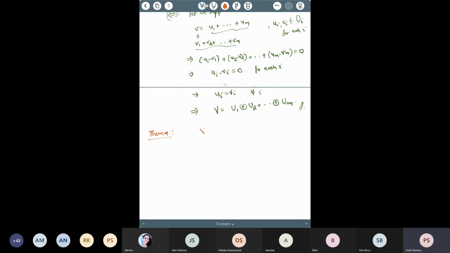So let V be a vector space, and suppose that we have two subspaces U and W of V. Then V is the direct sum of U and W if and only if V is the sum of U and W and the intersection of U and W contains only the zero vector.